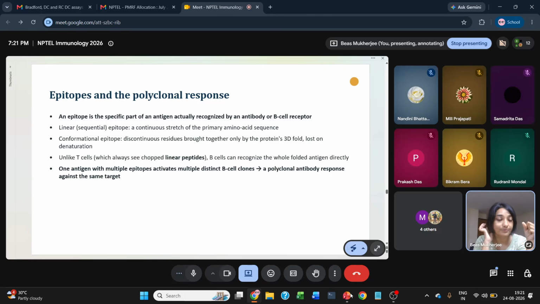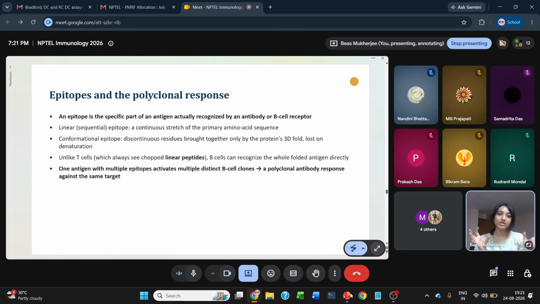Now this is very interesting, this is very different. B cells can recognize peptides in a very different way from T cell receptors. Let's say this is the epitope and it is coming out this way. It can be present in the form of a linear peptide and the BCR will recognize it. It can also be present in a circular peptide.